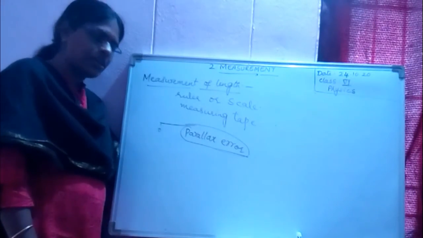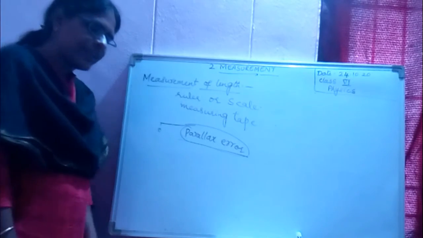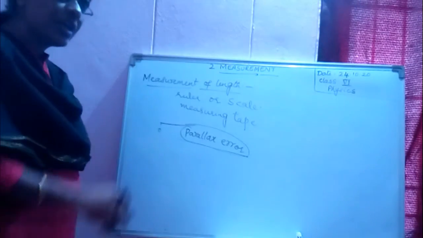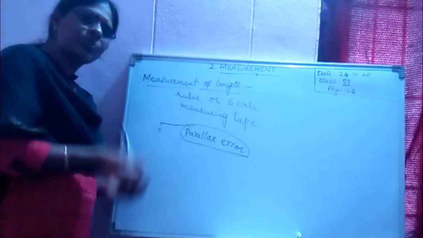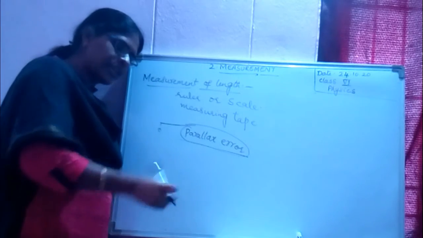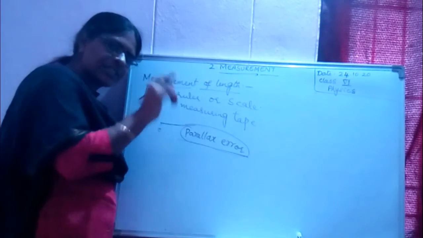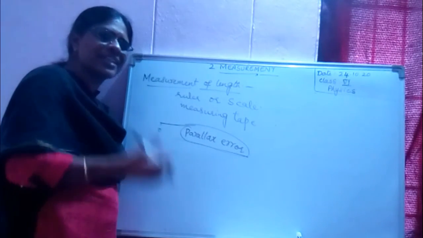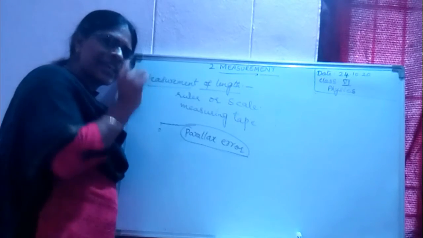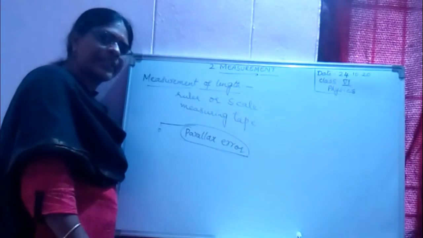Now look at figure 2.7. If your scale has been broken at the edges, by using the scale so many times, the edges may get spoiled.